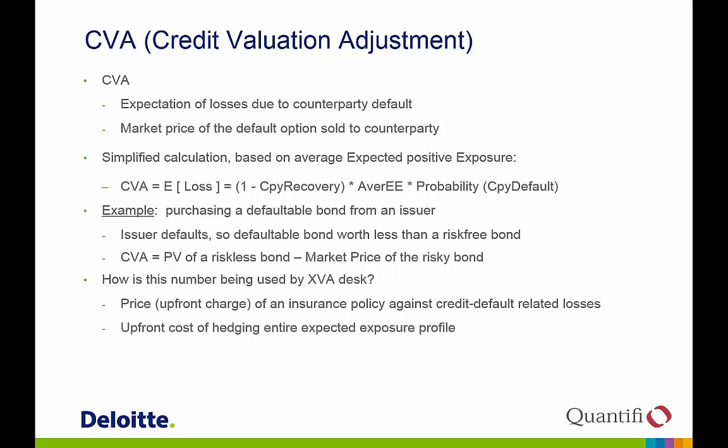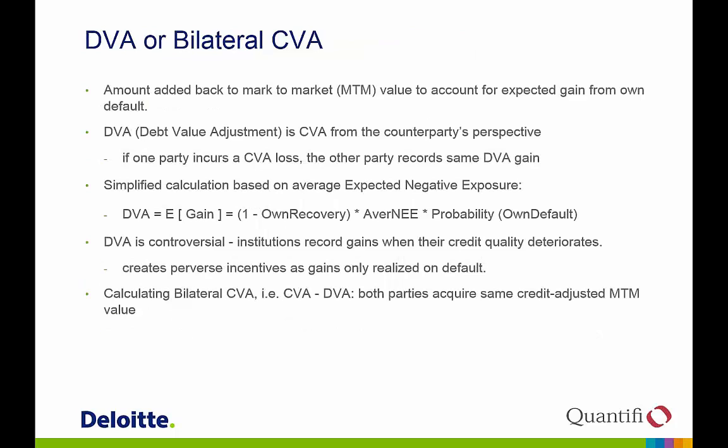The debit value adjustment, or if you net CVA and DVA, the bilateral CVA, is this amount that is added back to your mark-to-market value in order to account for the expected gain from your own default. You could see DVA as CVA from the counterparty's perspective. If one party incurs the CVA loss, the other party should record some DVA gain.